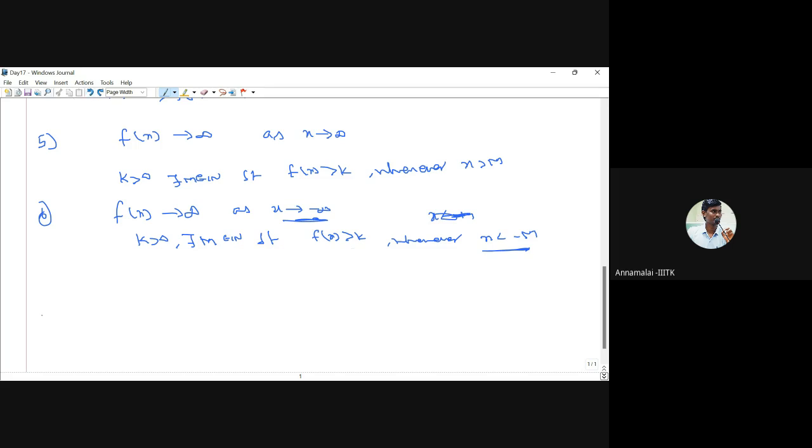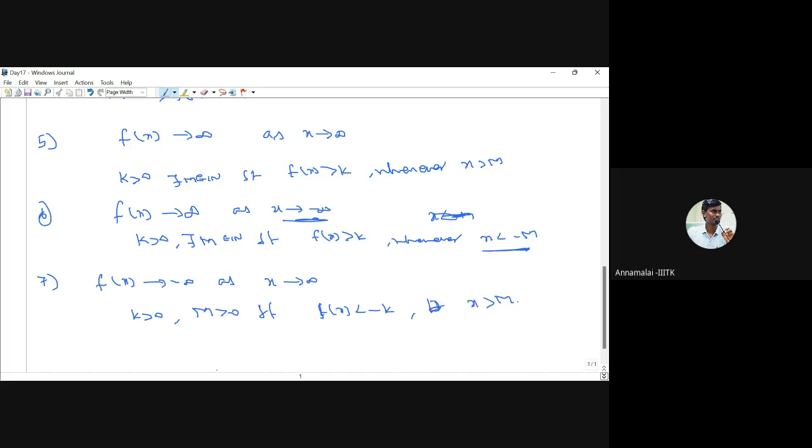Okay, so similarly, suppose f of x approaches minus infinity as x goes to infinity. So again, given any epsilon greater than 0, that is given any positive k, there is a positive number m such that f of x is less than minus k whenever x is bigger than m.